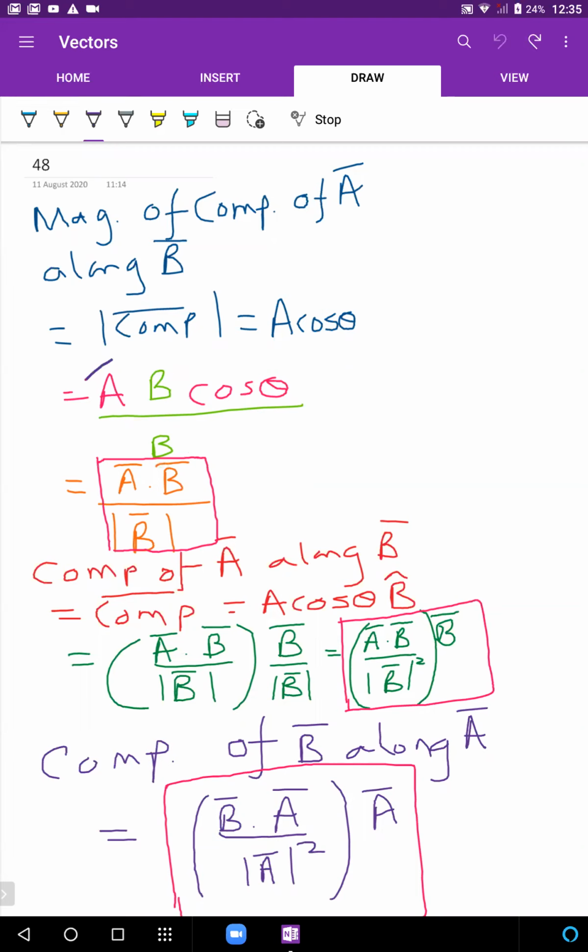क्या तुम्हें दिख रहा है कि अब मैं न्यूमरेटर को a बार डॉट b बार लिख सकता हूं? I am getting a b cos theta in the numerator, which is a bar dot b bar.